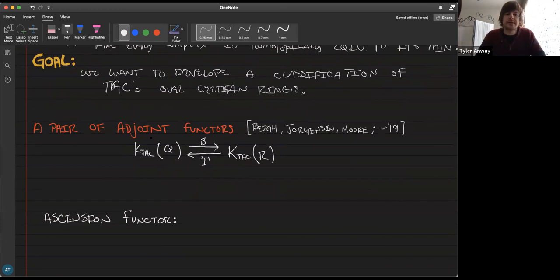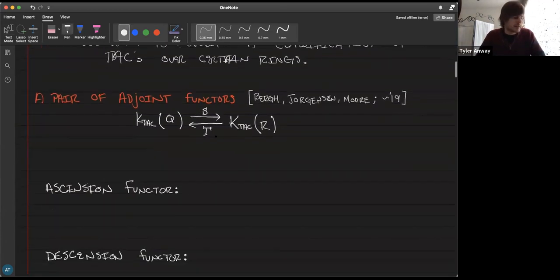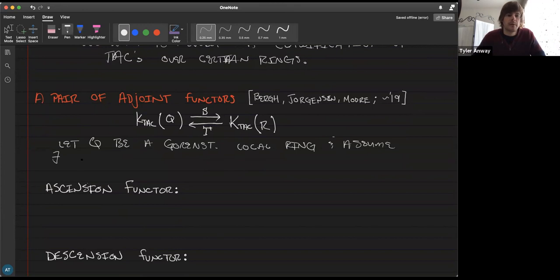Before we get to the actual definitions of these functors, let's make a few assumptions about our ring. So we're going to let Q be a Gorenstein local ring and assume there exists a ring homomorphism from Q to a ring R that is surjective, such that the projective dimension over Q of R is finite.